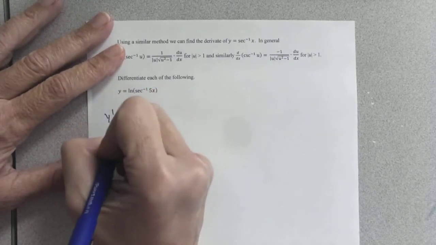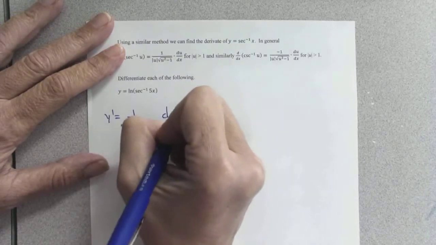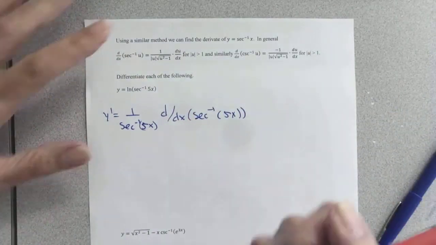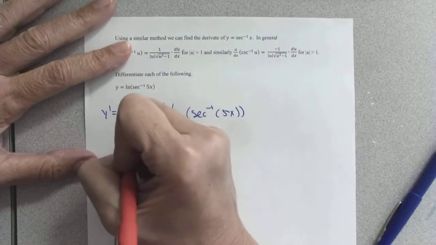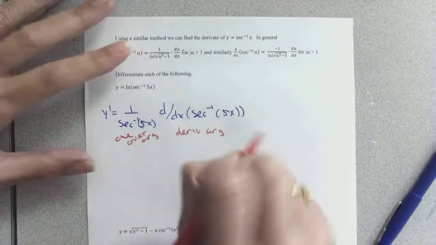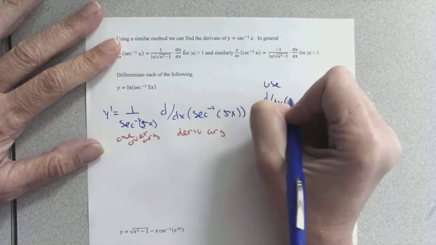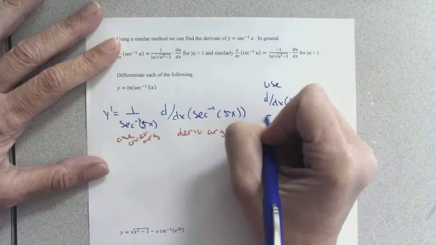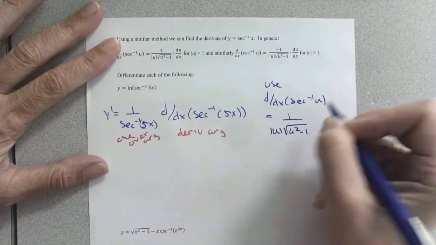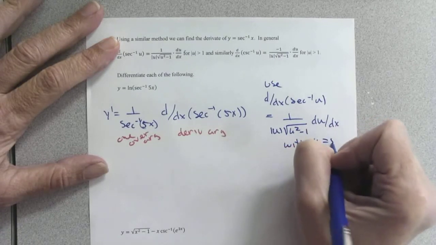And so that's 1 over the argument, derivative of the argument. One over argument, derivative of the argument. And now we're going to use that the derivative of secant inverse of u is 1 over the absolute value of u, square root of u squared minus 1, du dx, with in this case u being 5x.